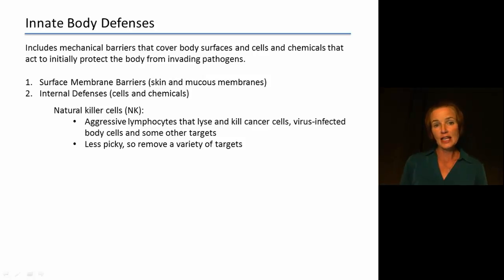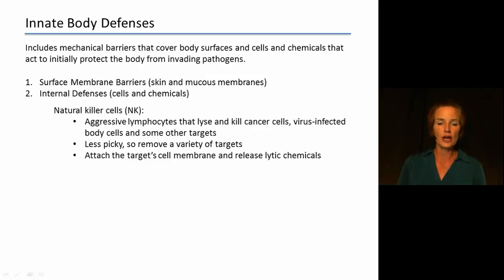They are overall less picky, and since they're less picky, they can remove a variety of targets, which is why we say that they kill cancer cells, virus-infected cells, and some other things as well. So they're really aggressive killer lymphocytes.